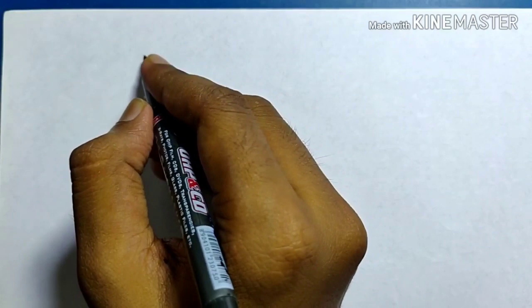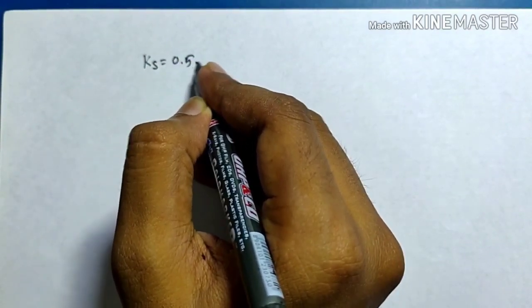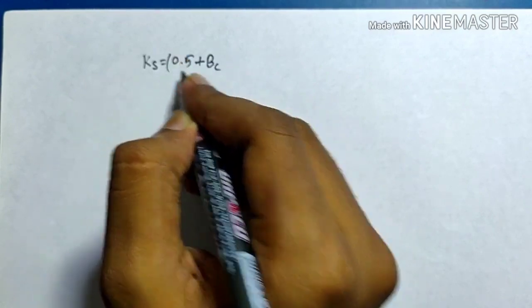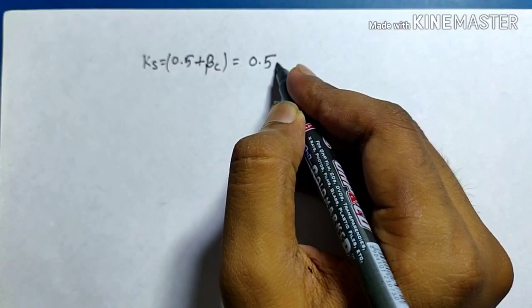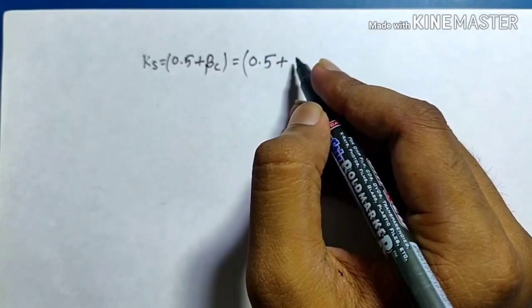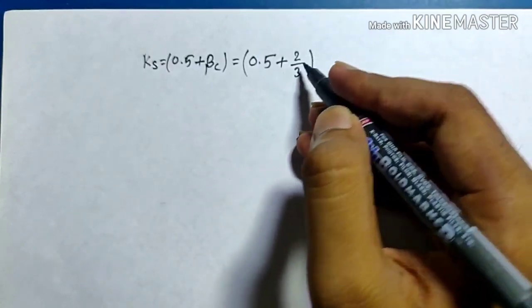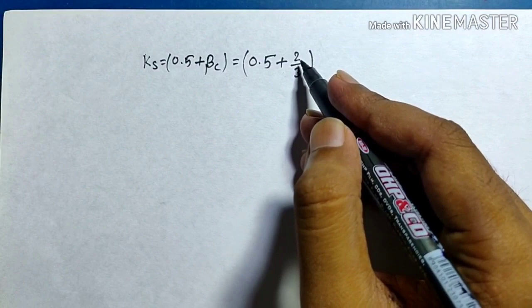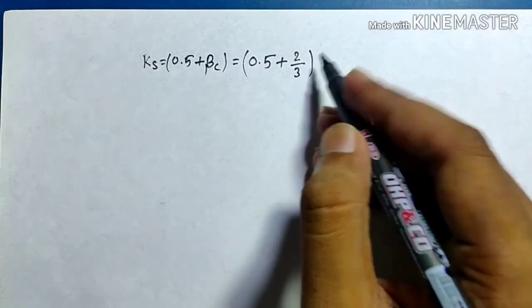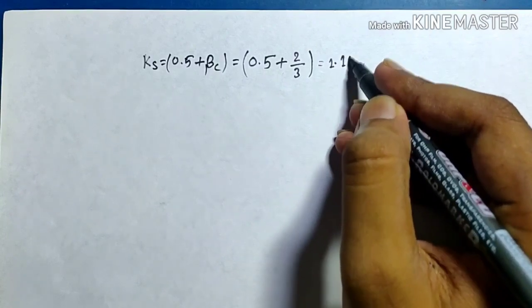As per the code, we have Ks equals to 0.5 plus beta C, meaning the ratio of the shorter span to the longer span, which is going to be 2/3, the ratio which we took while proceeding with our numerical. So it comes to be 1.16, which is the maximum value.